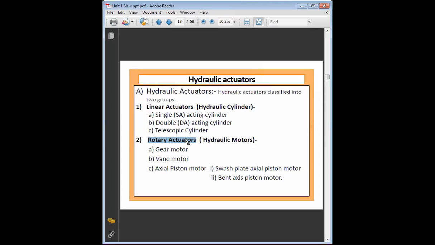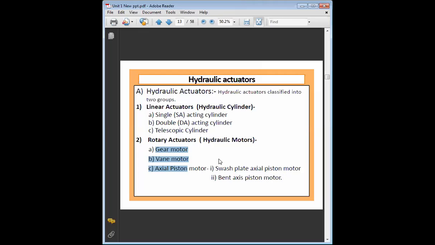They may be further divided into limited rotational actuators and hydraulic motors. In the hydraulic motors we have the gear motor, vane motor, then axial piston motor. So these are the subtypes of the rotary actuators.